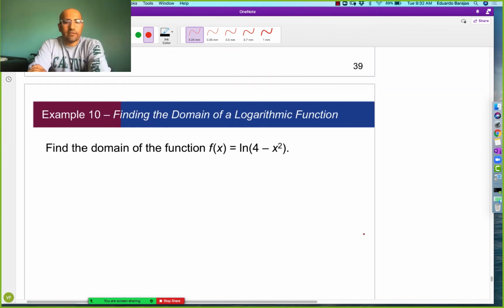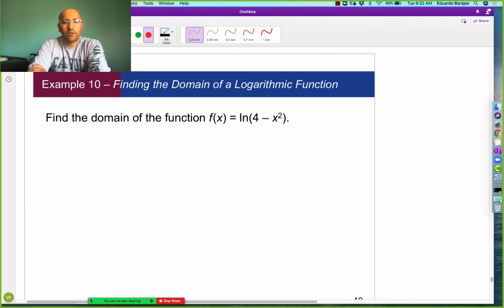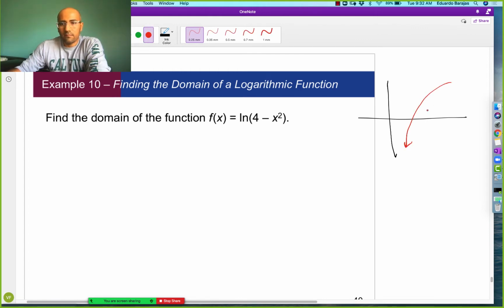Okay, find the domain of this function. All right, so the domain of this function, we know that this is base e, ln base e. We know that the general shape of this graph, ln of x, should look like that.